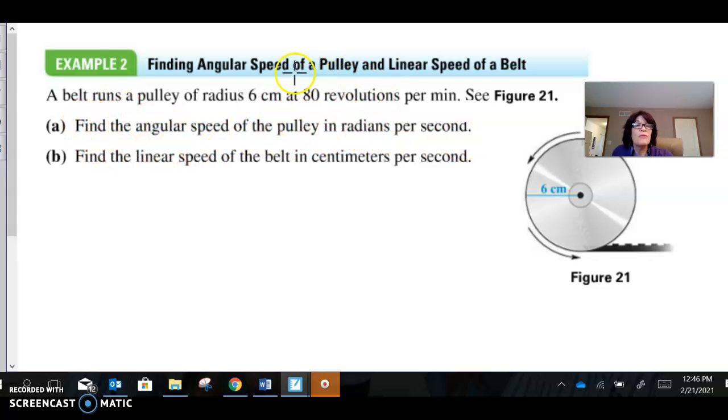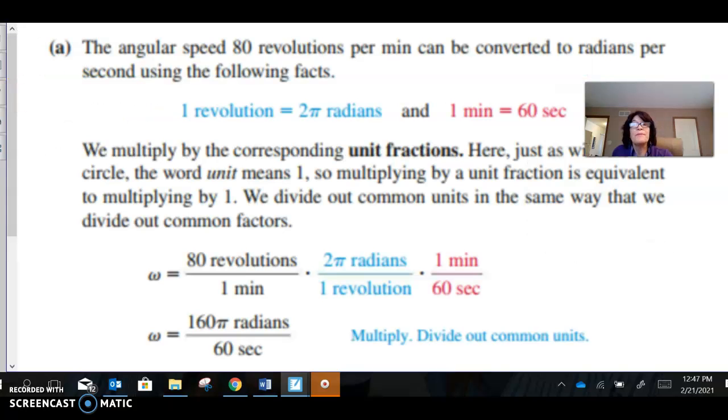So we're not really using a formula that we learned for letter A. For letter A, we're going to take the 80 revolutions per minute and change that to radians per second. 1 revolution is 2 pi radians, and 1 minute is 60 seconds.